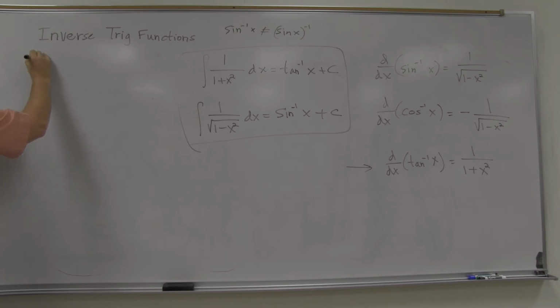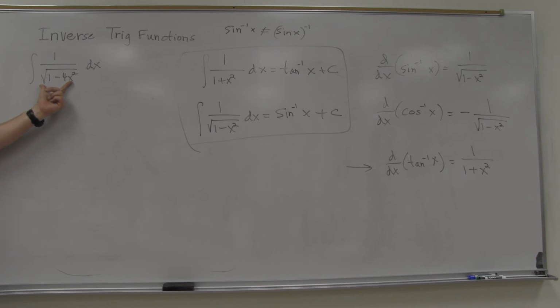Okay, so let's do the integral of the square root of 1 minus 4x squared dx. Well, we always say try u substitution first. The problem with u substitution is if I let u be that, what's going to be the problem?